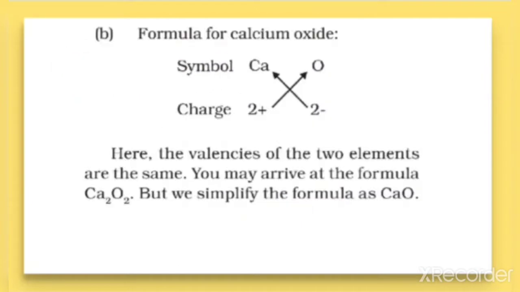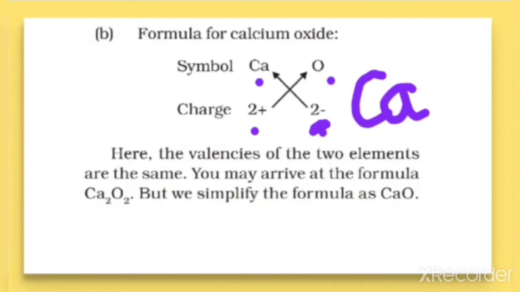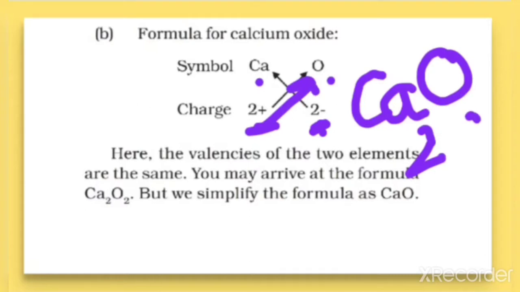Next example, that is calcium oxide. Symbol Ca, oxygen O, the charge +2 for calcium, -2 for oxygen. Do the crisscross. When you do the crisscross, you will get the formula Ca. 2 goes for calcium, so Ca2, and 2 goes for oxygen, so I'm writing subscript 2 here.